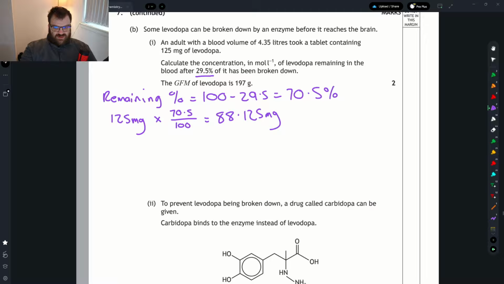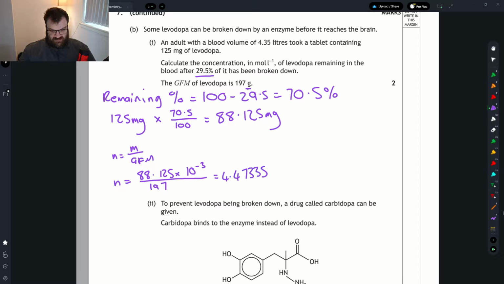We want to get to moles. So I'm going to do n equals m over GFM. I'm going to convert the milligrams into grams. It'd be 88.125 times 10 to the minus 3 divided by 1,000. And that's over the 197. That will equal 4.473350 times 10 to the minus 4 moles.